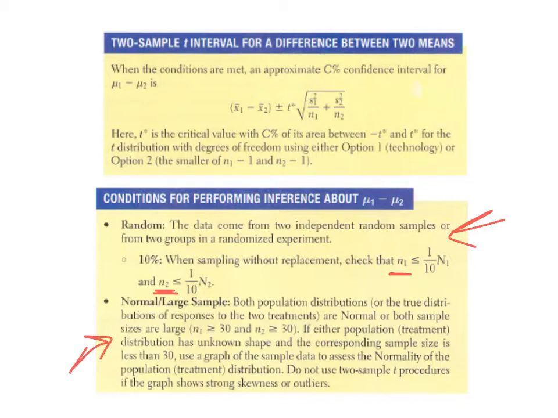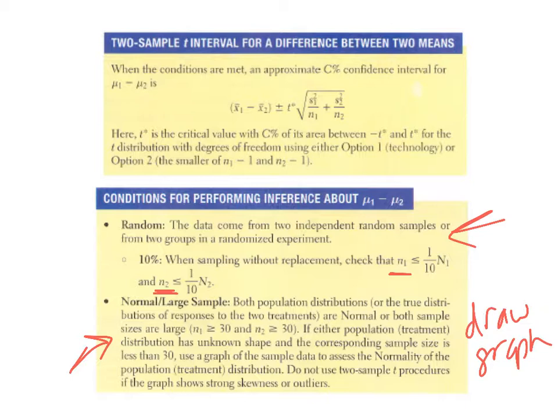And remember, if n is not greater than 30, then we have to look at the graph. You have to sketch one of those graphs out. You can't just say you looked at it. It doesn't matter whether it's a box plot or a histogram. You just need to sketch one of them out.